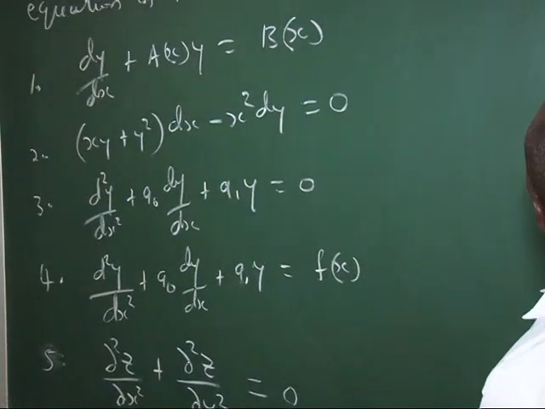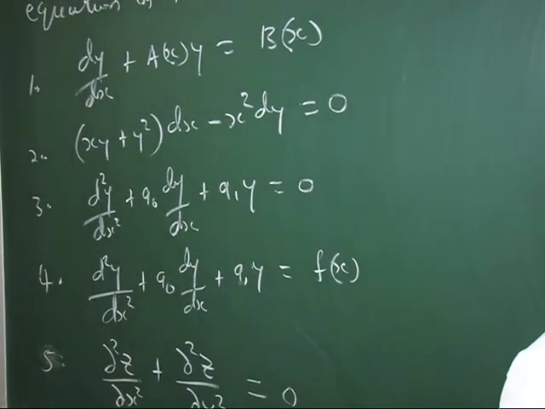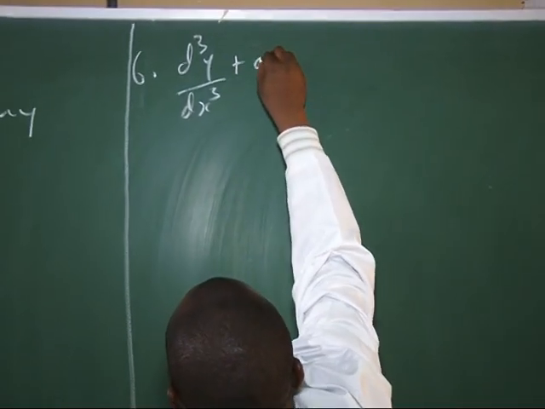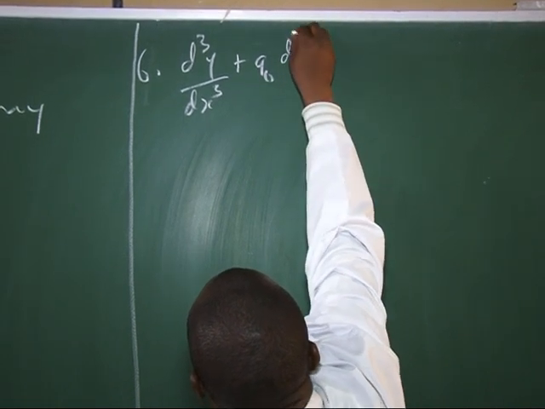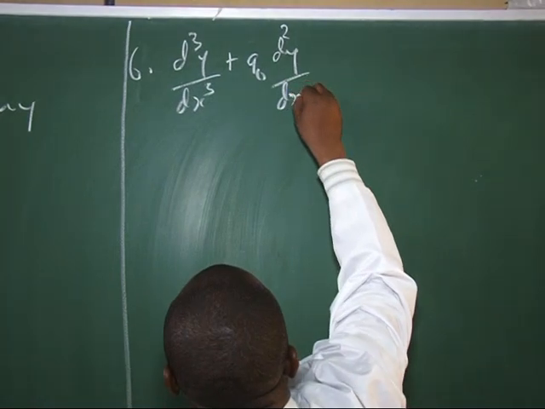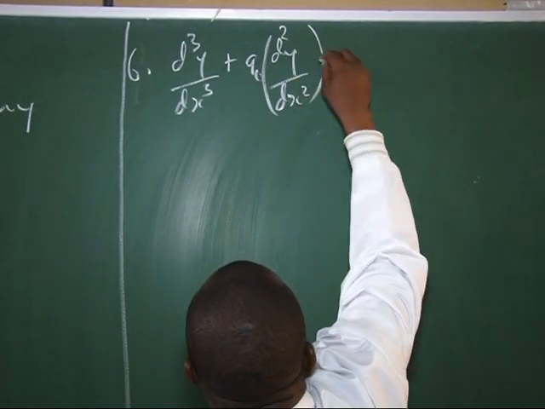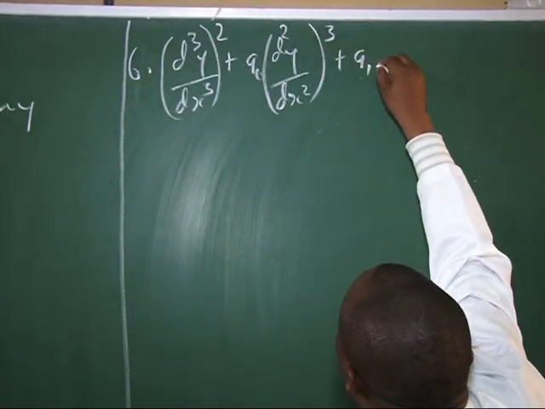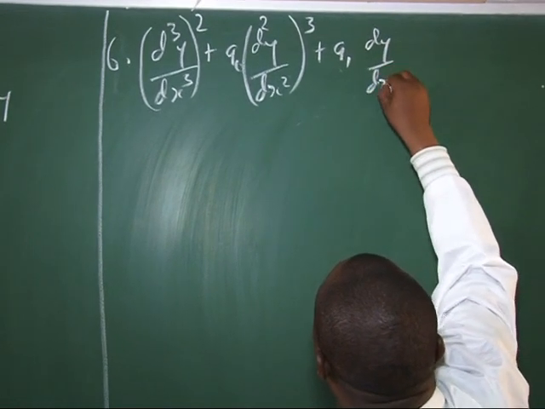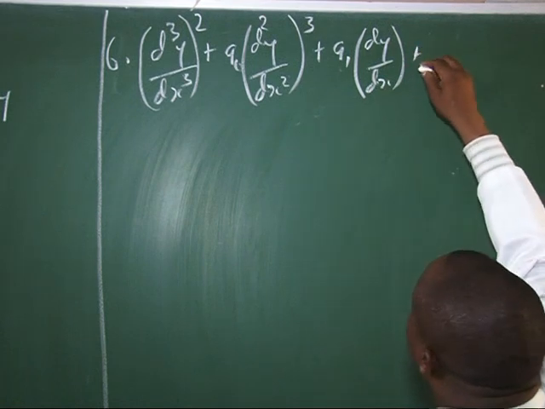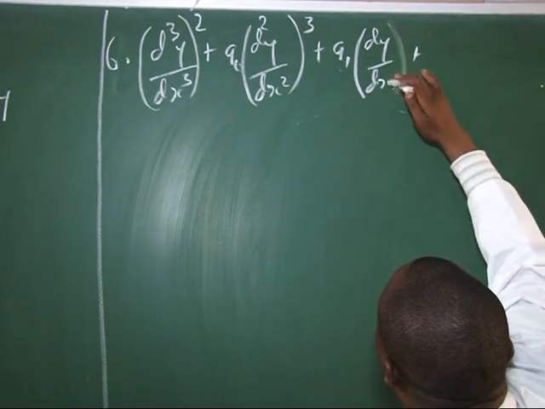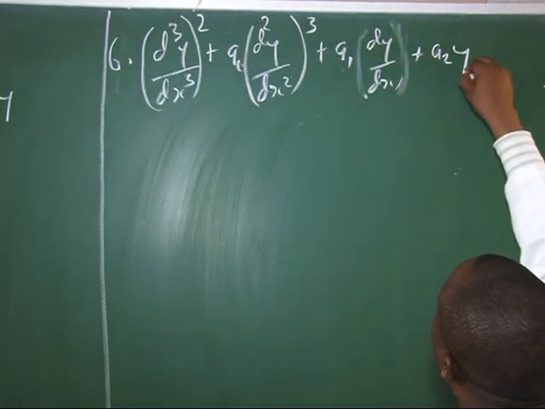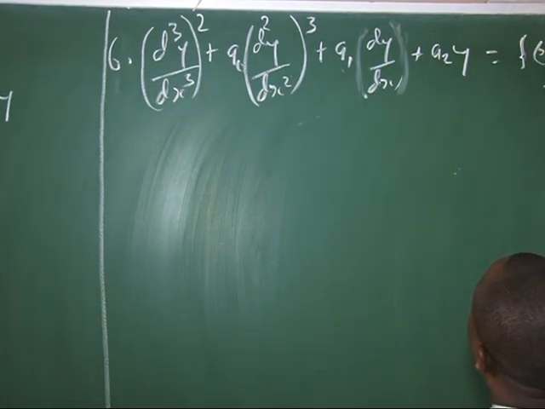Okay. Can also be of this form: d cubed y over dx cubed plus a subscript 0 d squared y over dx squared plus a subscript 1 dy/dx plus, let's leave power for here, plus a subscript 2 y is equal to f of x.